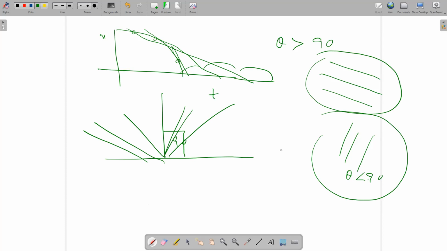Okay. So theta is greater than 90. If theta is greater than 90, will V be negative or positive? Negative. Okay, so it is negative. So is the angle, meaning theta, increasing or decreasing?